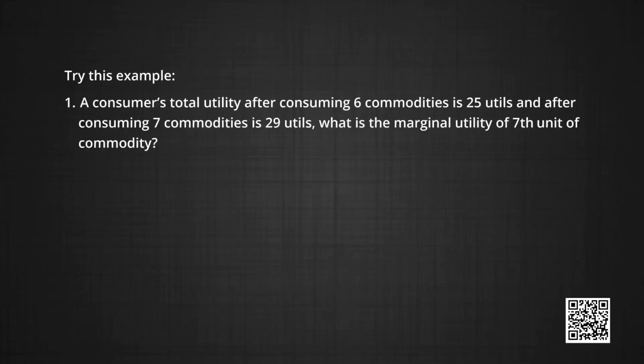Let us try an example. A consumer's total utility after consuming 6 units of a commodity is 25 utils, and after consuming 7 units of a commodity is 29 utils. What is the marginal utility of the 7th unit of the commodity? The answer is 4 utils.